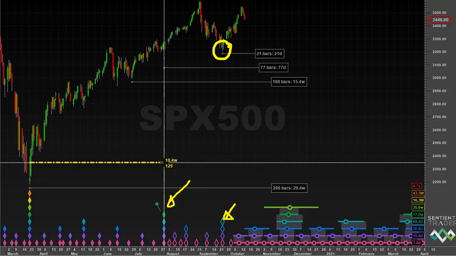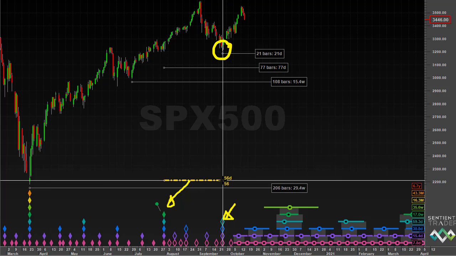Here you can see the 20-week cycle is running at 129 days. The average length of a 20-week cycle is 136 days. If you don't understand that, then please make sure you download our free 10 core concepts of Hurst cycles, which I'll put in the description below this video. So that's running only slightly short, about a week short, 129 days as opposed to 136.